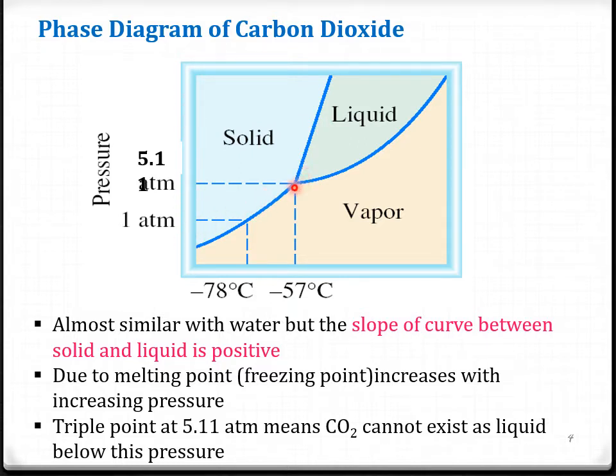The triple point here, which is at 5.11 atm, means that carbon dioxide cannot exist as liquid below this pressure. So this is liquid. Increase the pressure, and the carbon dioxide can exist as a liquid.